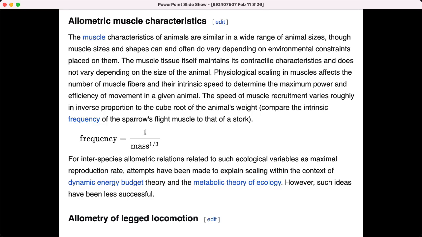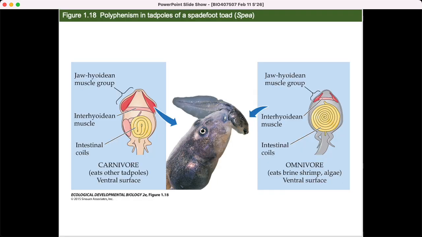Okay. And so one of those is the muscles. We talked a little bit about muscles, and that comes up in our course. And there's a scaling relationship between muscle size and the organism. Here's an example that came up in chapter 1, we talked a little bit about these tadpoles, and different species of frog have tadpoles that grow differently depending on the environment.